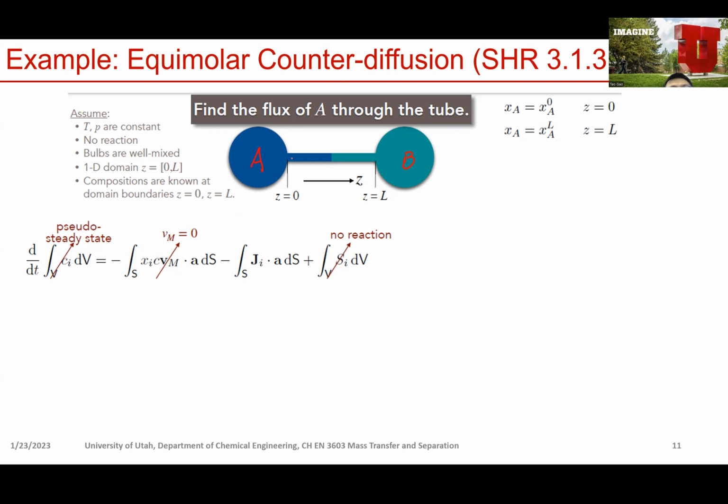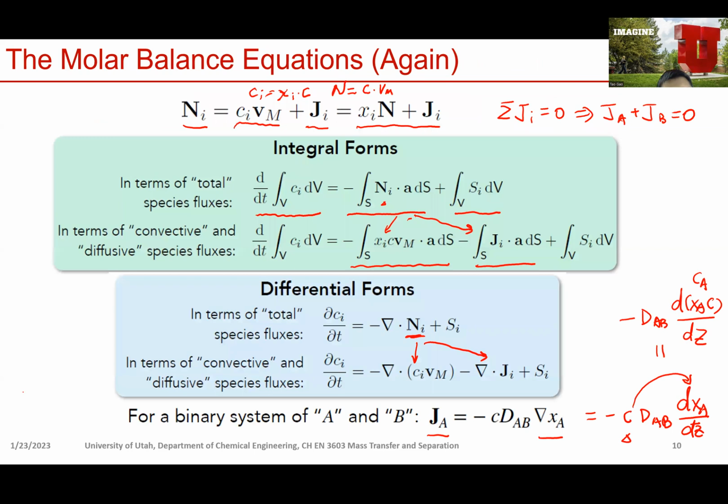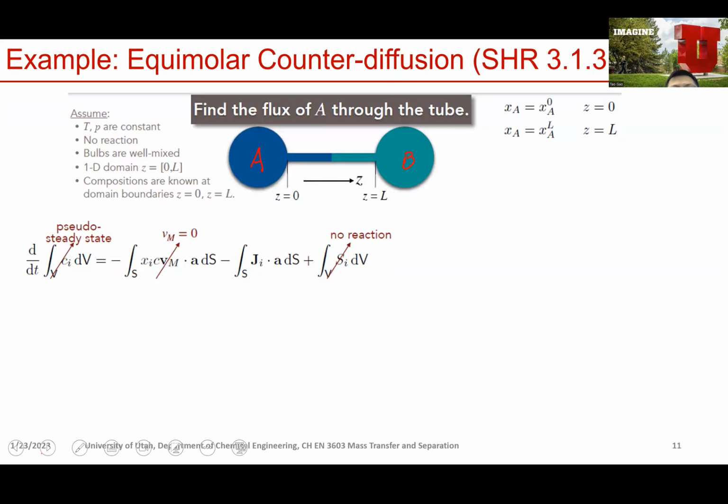Assuming in both bulbs the mixture is well mixed, which means there's no concentration variation in the bulb, so you have a uniform concentration in both bulbs. Then we define the geometry, right?